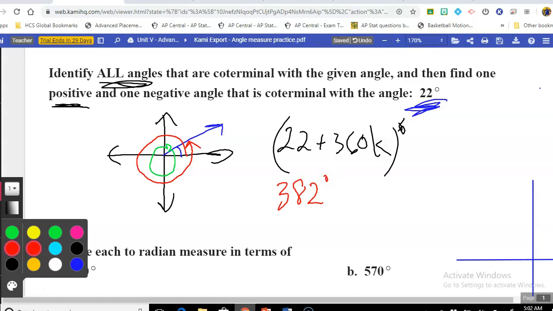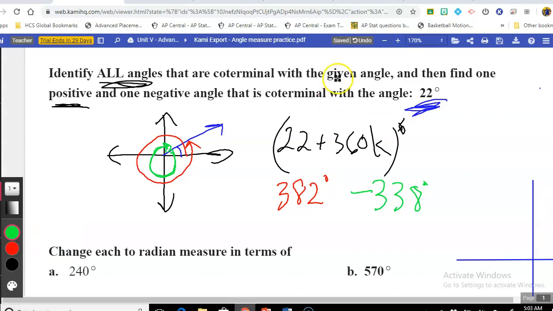If we go along the green path, in the opposite direction, we take 22 and subtract 360, and 22 minus 360 is negative 338 degrees. That is the answer to that question, and it's not very complicated. You just need to understand the concept: we're adding or subtracting 360 because we're going one full rotation around.